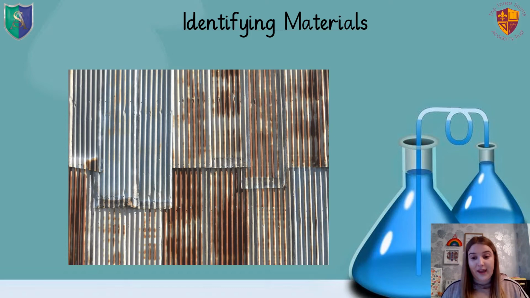What about this one? This is an unusual looking material. Actually, it's making my eyes go a little bit funny when I look at it. Has anyone got any guesses? What material is this? It's metal. Is there anything around you that's made out of metal? I'm looking around my room right now and I can't really see anything that's made out of metal.